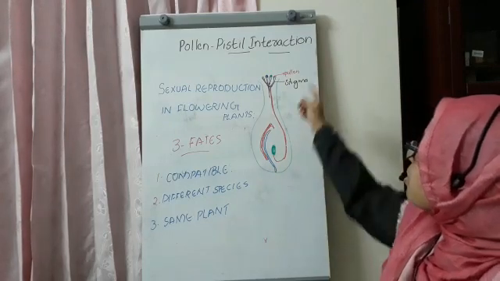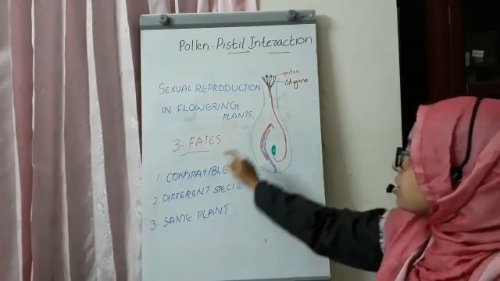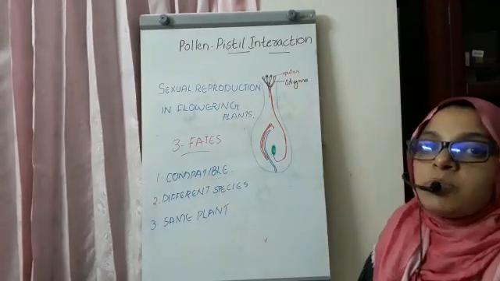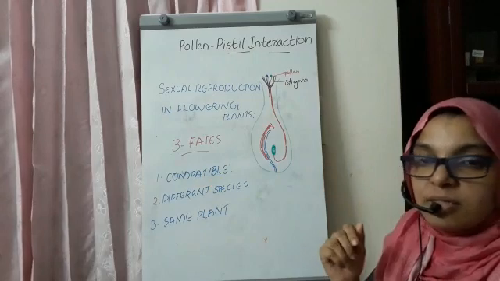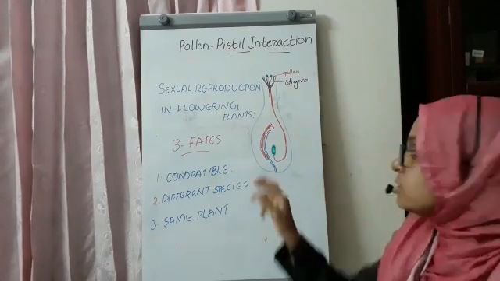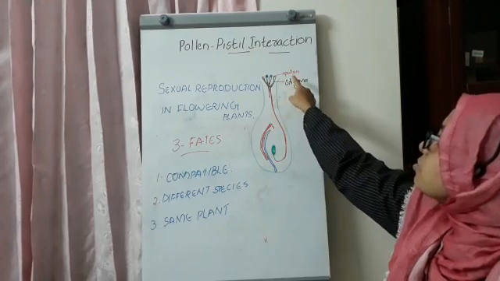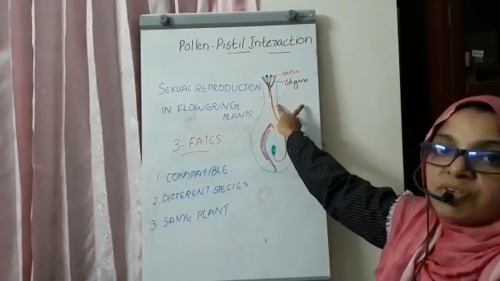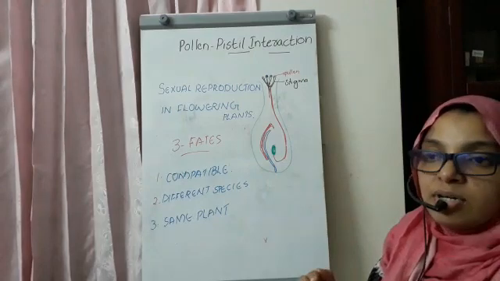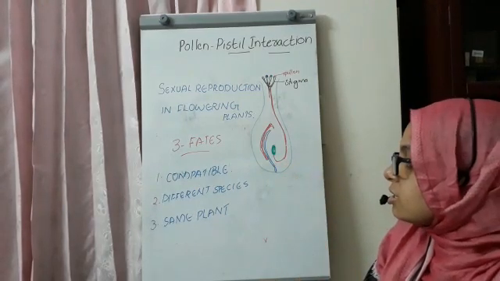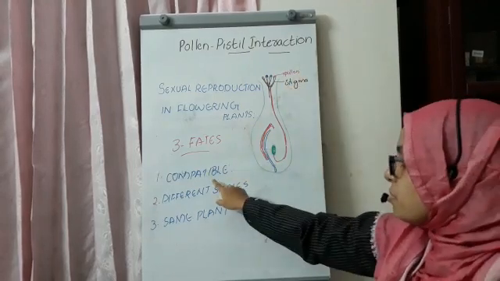First, the pollen which comes onto the stigma may be compatible. What do we mean by compatible? Compatible means the pollen is of the same species as the flower. If both the flower and pollen come under the same species, then that pollen will be compatible.